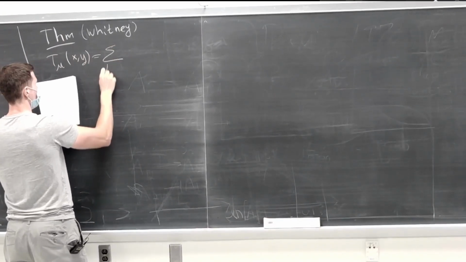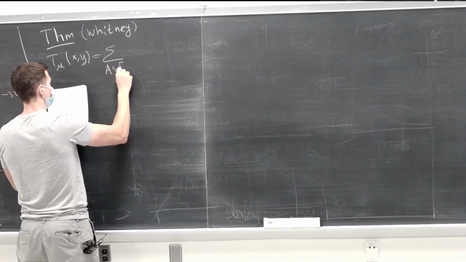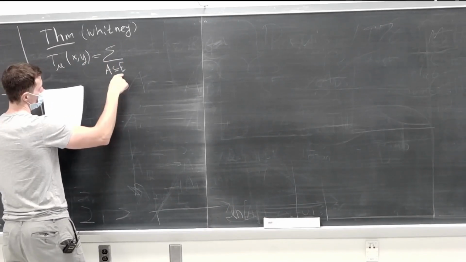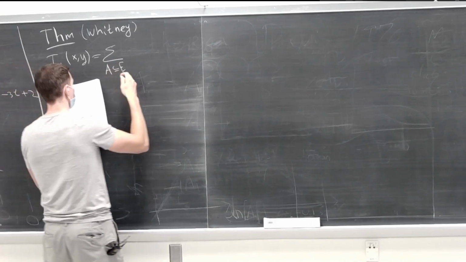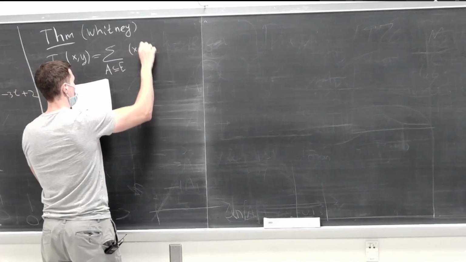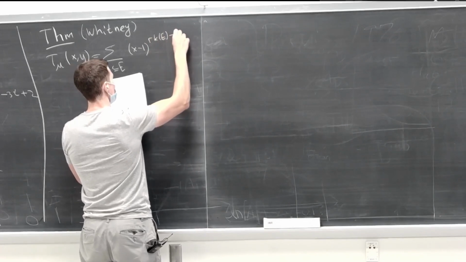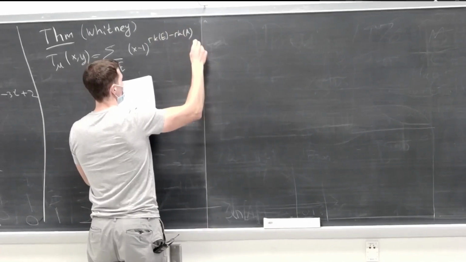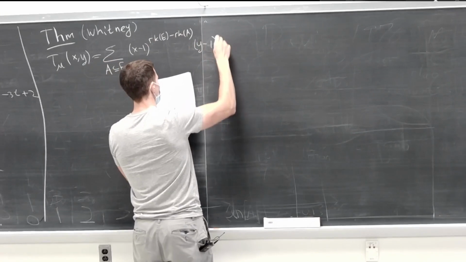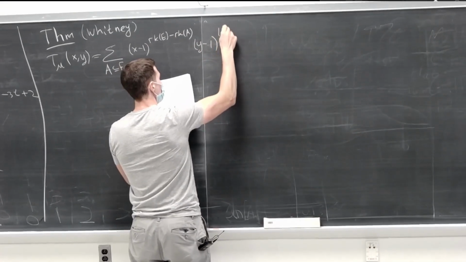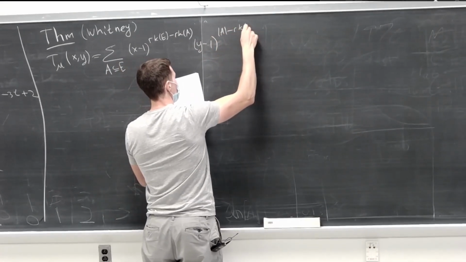You take the sum over all possible subsets A of the ground set, and then take (x minus 1) to the rank of E minus the rank of A, times (y minus 1) to the size of A minus the rank of A.